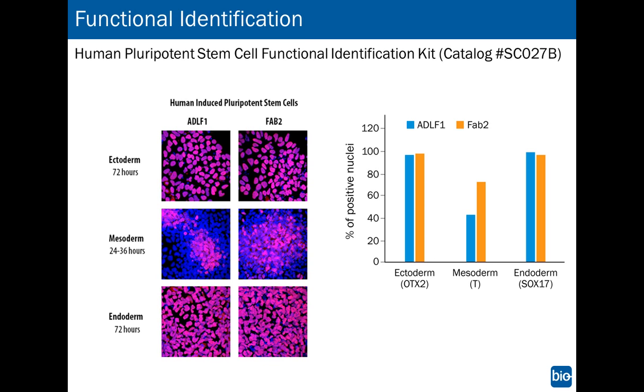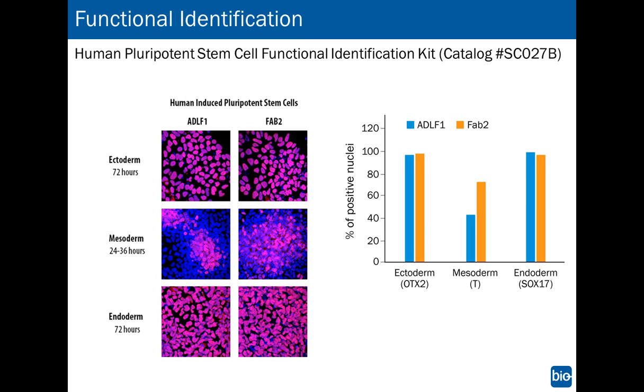So you can compare across stem cell lines the ability of them to differentiate into the different germ layers. So for example, on the right-hand side here, there's a histogram where we did the functional assessment on 2 induced pluripotent stem cell lines, and we see that the Fab2 cell line has better differentiation into mesoderm.